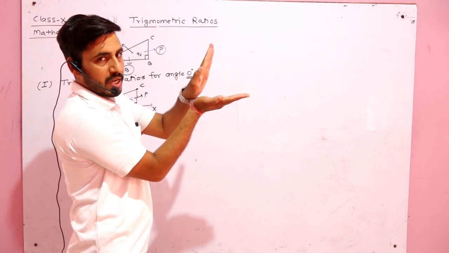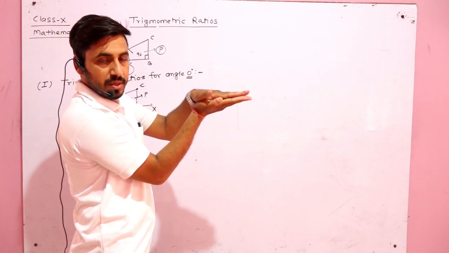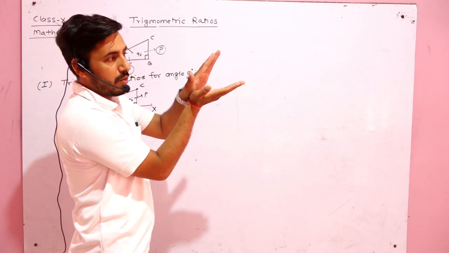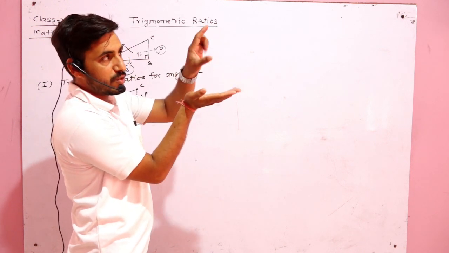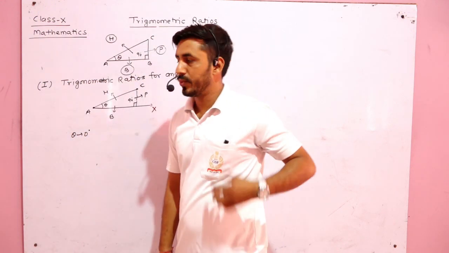Then this hypotenuse will move towards the base, and in the final situation this point will move towards this point. It means this distance is moving towards 0.